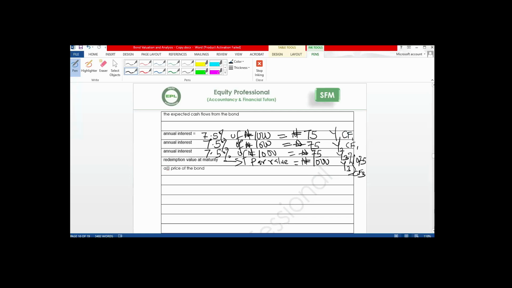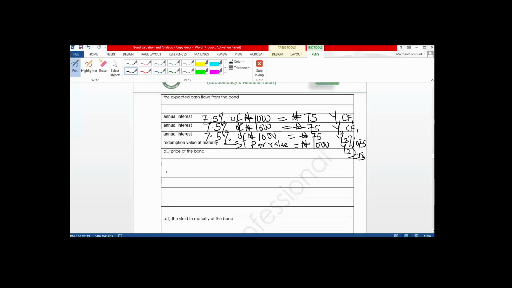We now need to discount these cash flows to their present value using forward rates. The price is equal to, based on the formula, cash flow in year 1, 75 naira over, what is the forward rate in year 1? 1 plus R in year 1. 4%, that is 0.04.